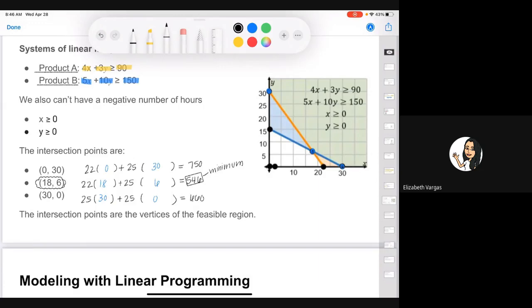And what this is telling me, 18 hours at machine X, because that's my X function, and 6 hours at machine Y. That would satisfy all these different constraints, but also represent the minimum cost.